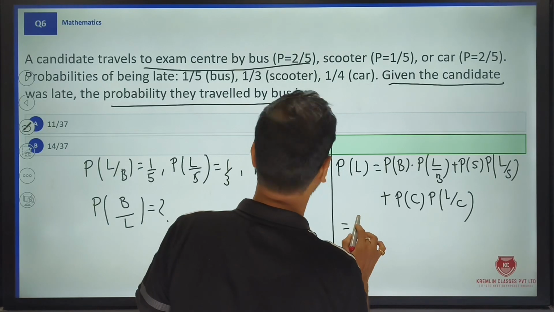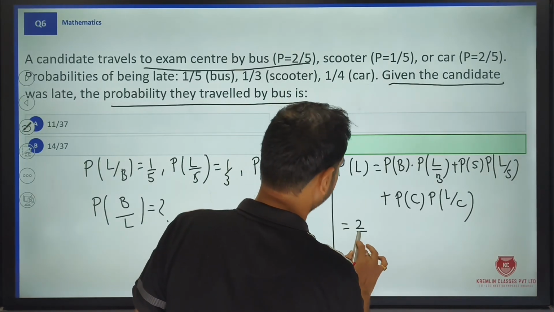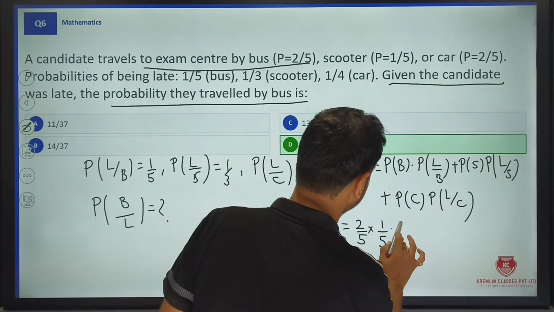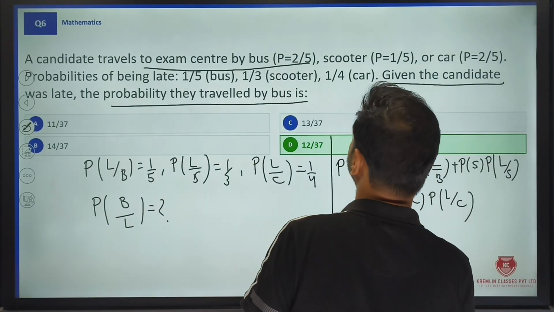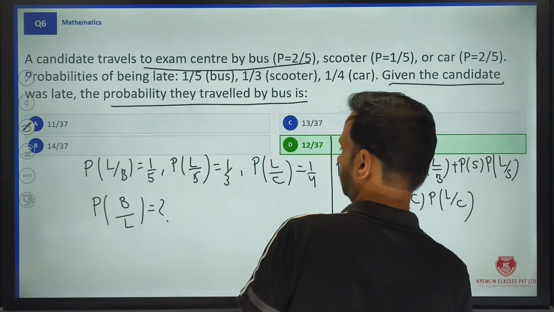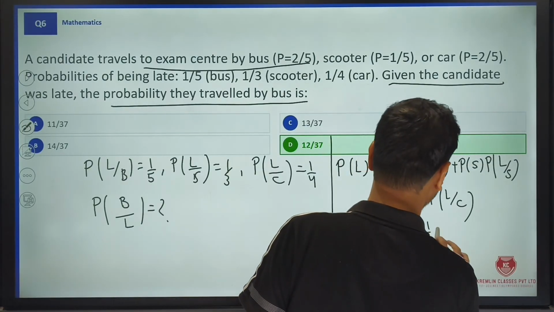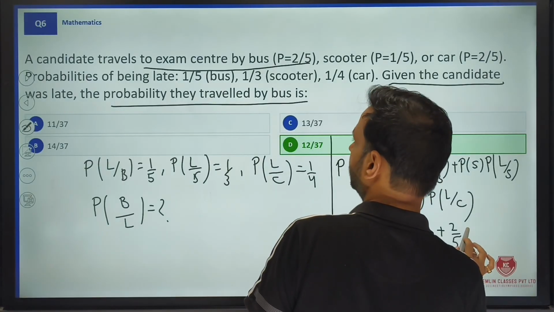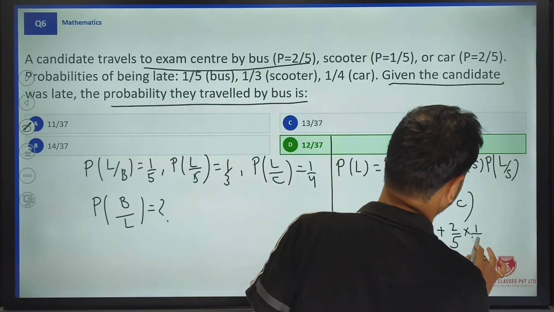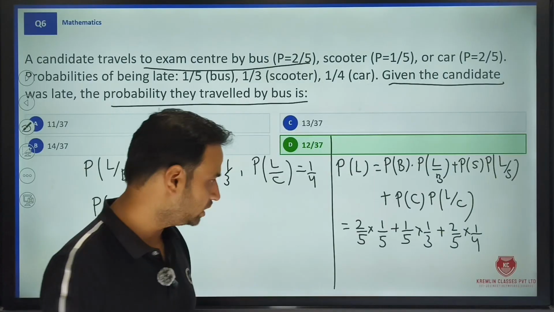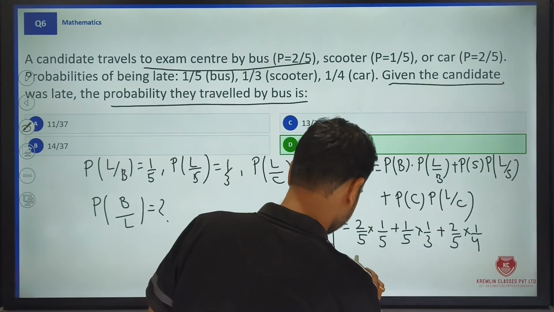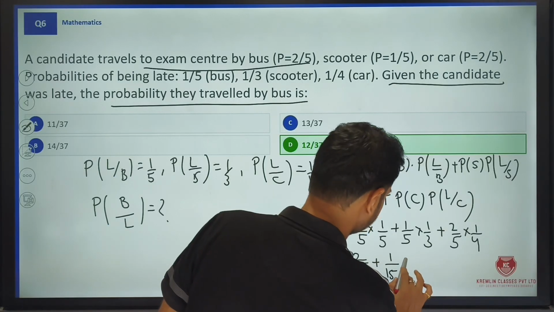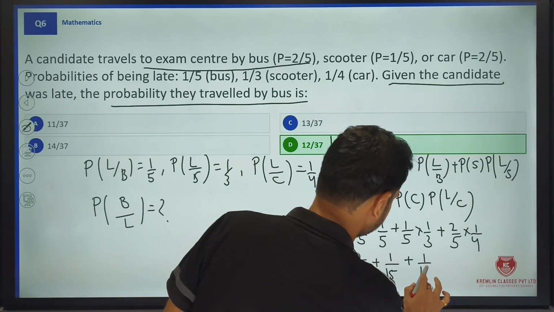When we calculated, probability of bus is 2 by 5, late is 1 by 5 by bus, probability of scooter 1 by 5, getting late is 1 by 3 by scooter, probability of traveling by car is 2 by 5 again, and late by car is 1 by 4. So we can find it: 2 by 25 plus 1 by 15 plus 1 by 10.